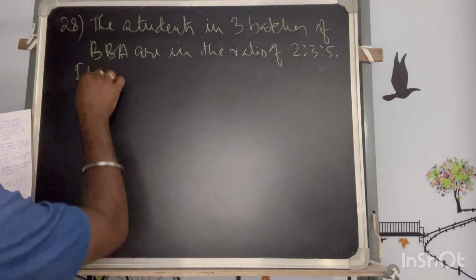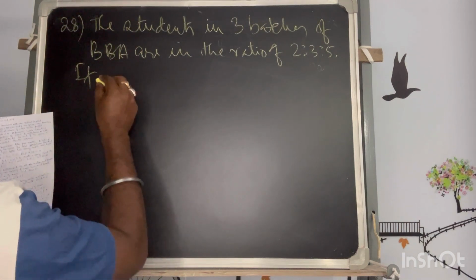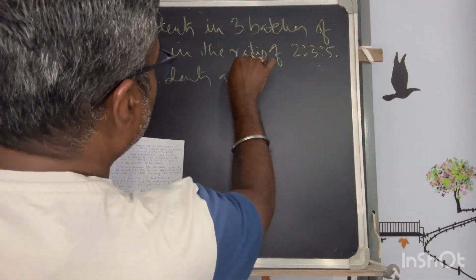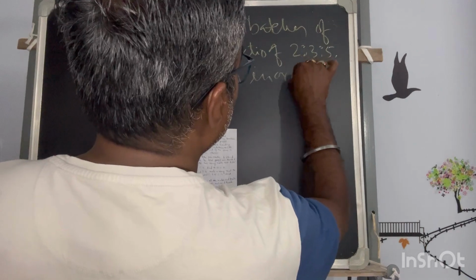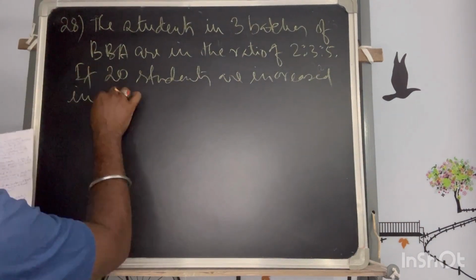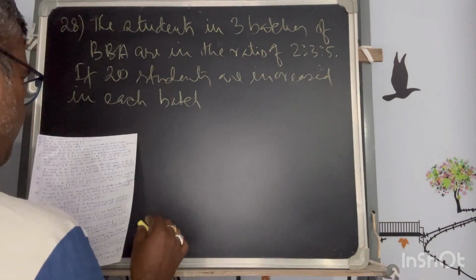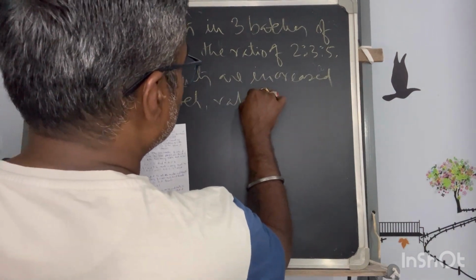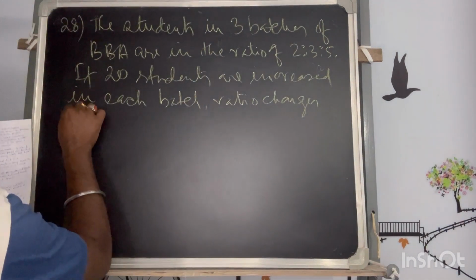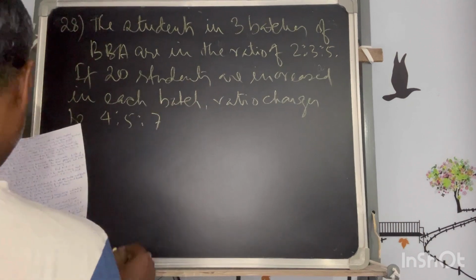If 20 students are increased in each batch, the ratio changes to 4:5:7.